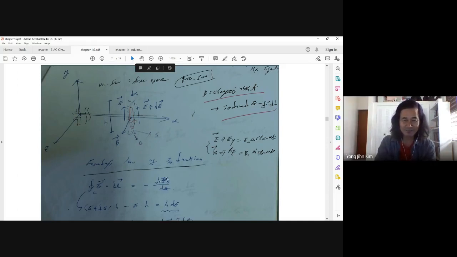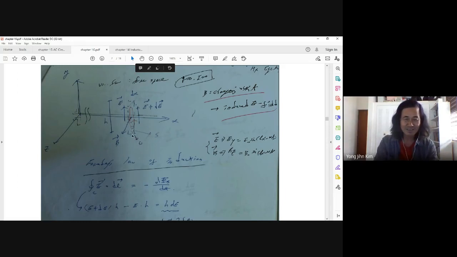Faraday's law says that the induced EMF, that is the integral of E dot dl, is equal to minus the magnetic flux change rate. So I apply Faraday's law to this curve C, the strip.